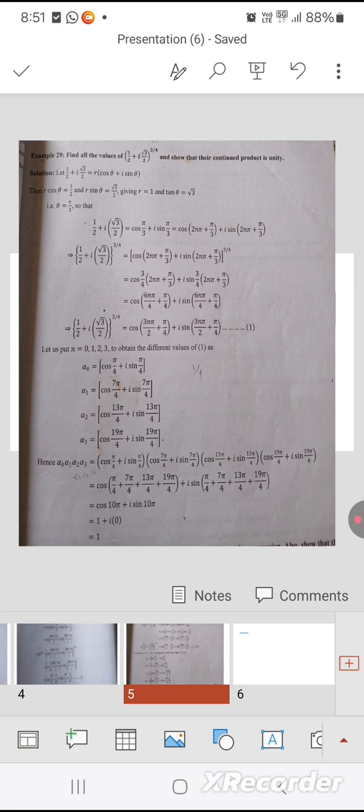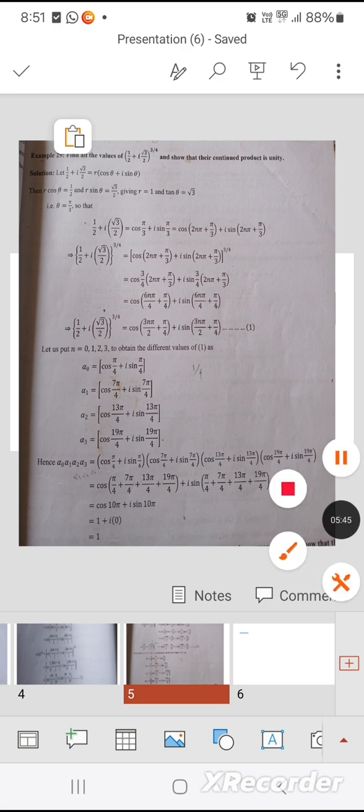So first step is to convert the complex number into polar form, that is z is equal to half plus i root 3 by 2. So let's first find magnitude and angle. r is equal to under root (half square plus root 3 by 2 square), which is 1, and tan theta is equal to root 3, that is theta is equal to pi by 3.